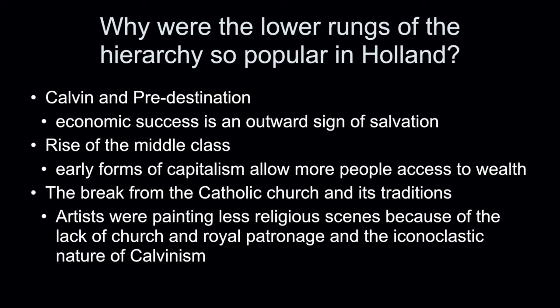And artists were painting less religious scenes because of the lack of church and royal patronage and the iconoclastic nature of Calvinism, which is where you don't paint pictures of Jesus and Mary and all the saints because there's a fear that you're going to be worshiping the image as opposed to the idea. But those aren't the only reasons that these lower rungs of the hierarchy were so popular.